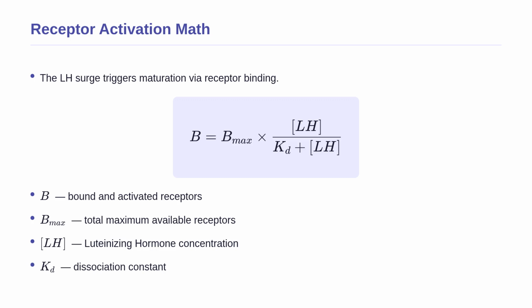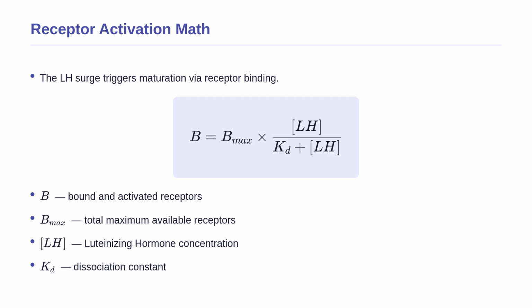This biological alarm clock relies on precise chemical signaling. To understand how the LH surge triggers maturation, we look at the Michaelis-Menten binding equation. Conceptually, this formula describes how hormone molecules floating in the blood bind to receptors on the cells surrounding the oocyte.